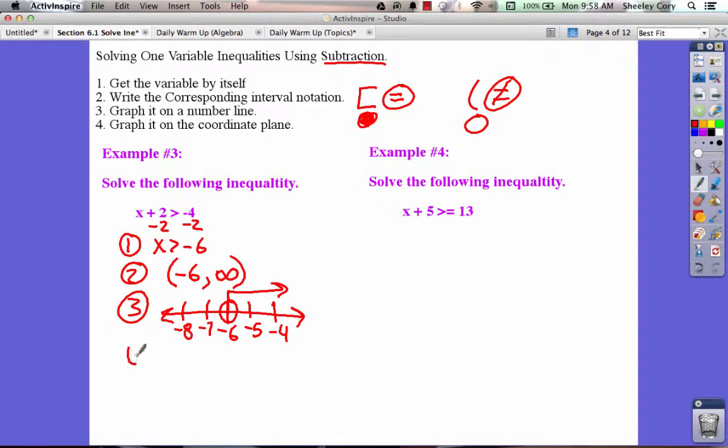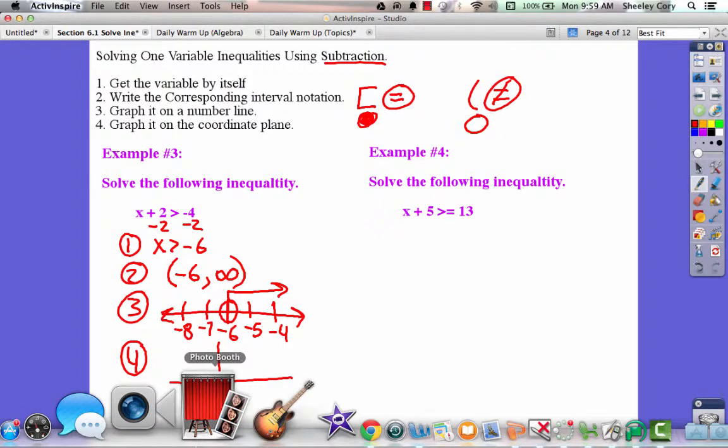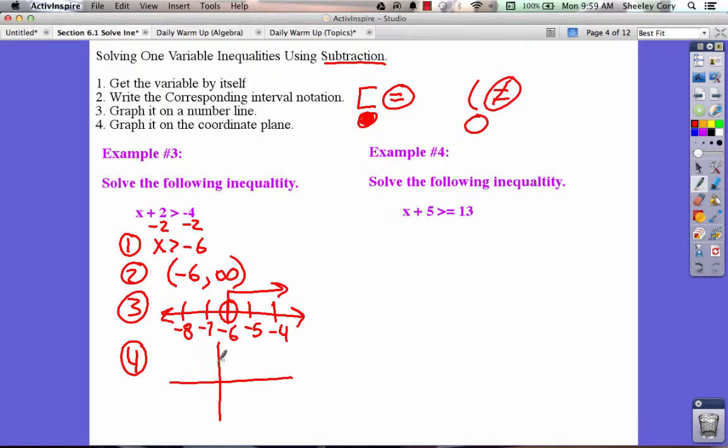And then finally I'm going to graph it on a coordinate plane. So I go ahead and make a coordinate plane. It's x greater than -6, so I'm going to mark -1, -2, -3, -4, -5, -6.